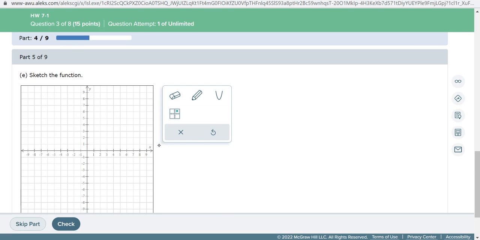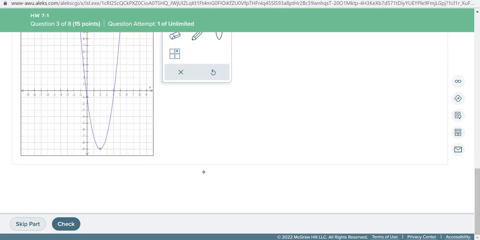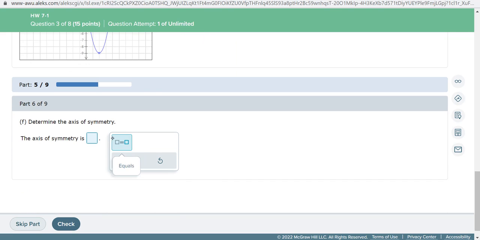And now sketch. So I need to do a parabola. Place the vertex at (2, negative 9). And then I'm going to go here at (0, negative 1). And there we go. Now check. Axis of symmetry is x equals 2.